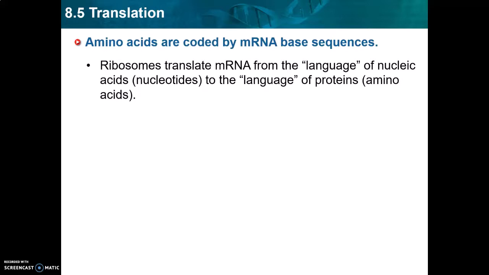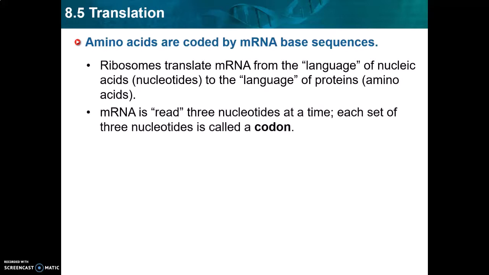The cell, specifically the ribosome, is reading the language of nucleic acids, and then it is outputting a protein, which is a completely different language made out of amino acids. That mRNA, when we say it's being read, it's read 3 nucleotides at a time, and this is really important.